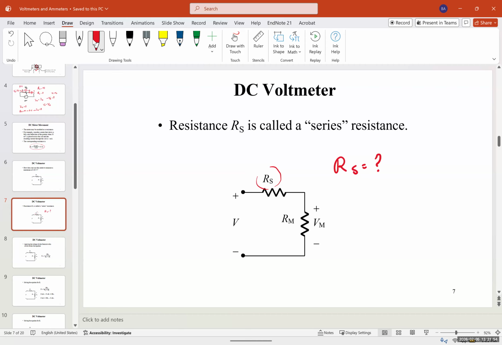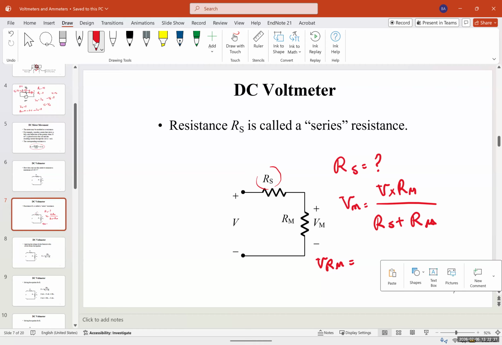To do that, we can use Ohm's law. We can say Vm is going to be equal to V times Rm over Rs plus Rm. Okay. Now, V times Rm would be equal to Vm times Rs plus Rm.